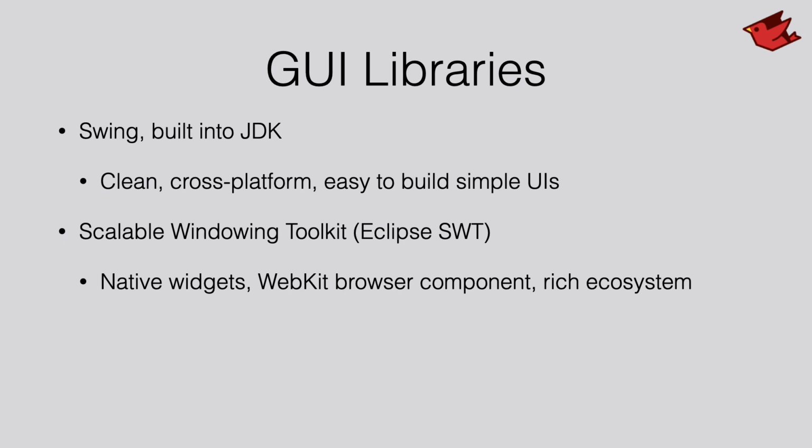If you run on Mac OS, it's going to look like the standard Mac OS buttons and UI elements. It also comes with a browser component based on WebKit, so you can embed a browser into your JRuby GUI application. And there's a really rich ecosystem of people building things on top of SWT.